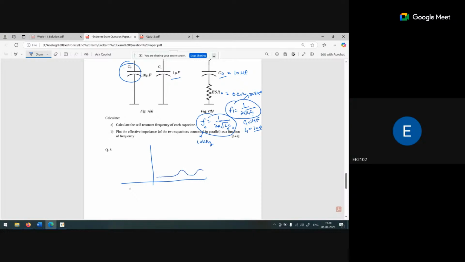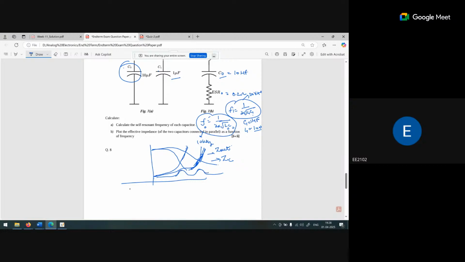So what is your response? For 10 kilohertz, for 20 kilohertz. You have to draw two particular graphs. One graph is this one, and the second graph is this one. These are the two graphs with respect to the impedance. One graph is the ZC and one graph is the Z out, and the equivalent is this one.